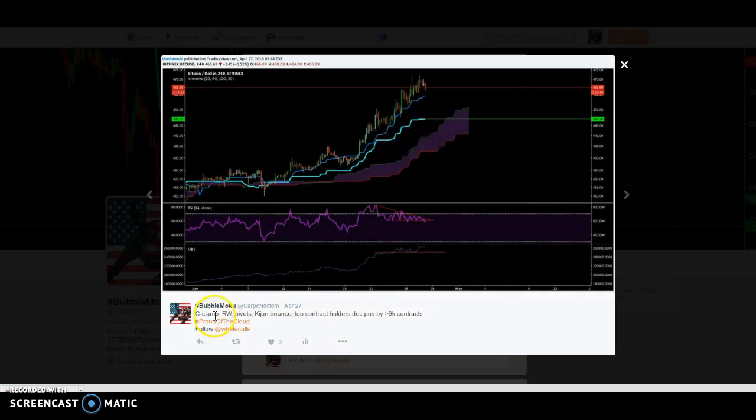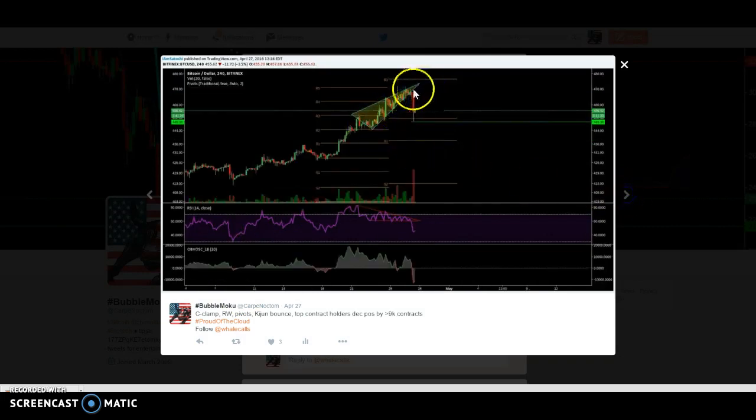I also noticed there was a rising wedge in this. So see, rising wedge, we dropped out of the wedge, we hit the Kijun almost exactly again, dropped out of this RSI, OBV flipped red, okay? So you can use all this with your oscillators, and it all complements each other.